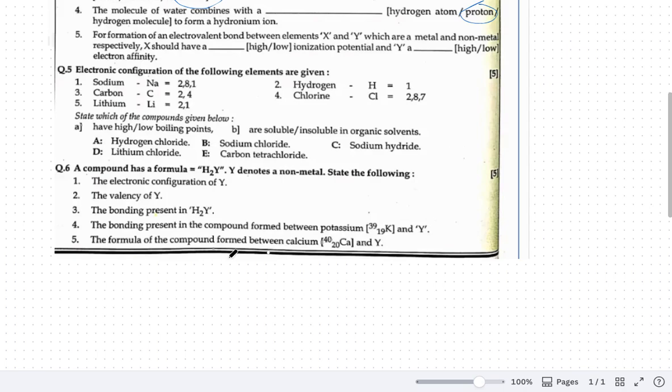Formula of the compound formed between calcium and Y. Again, calcium and Y will also form an ionic bond, and here both have valency 2, so it's going to be CaY. The previous one is going to be K2Y because the valency of potassium is 1. So the first is K2Y, but the second one is CaY.